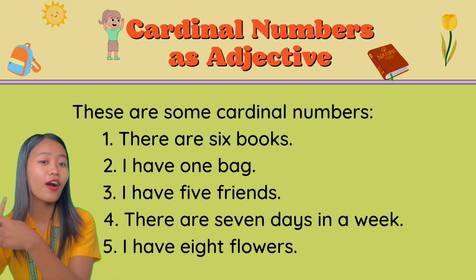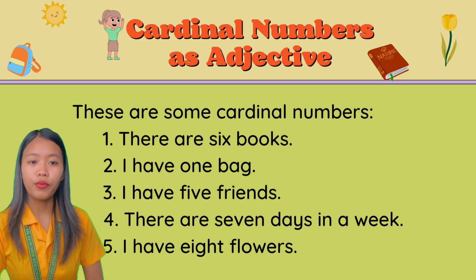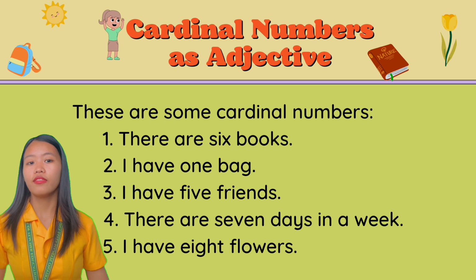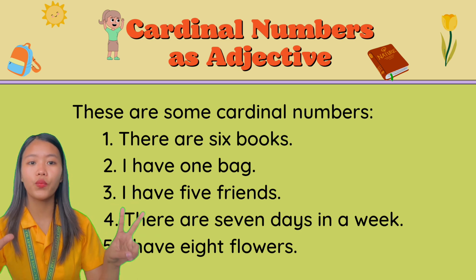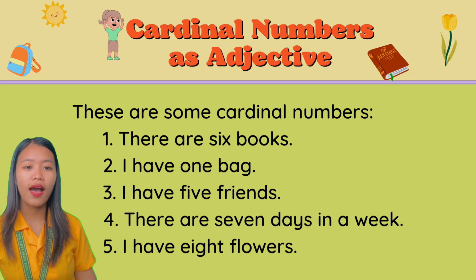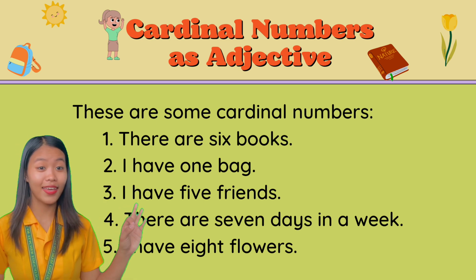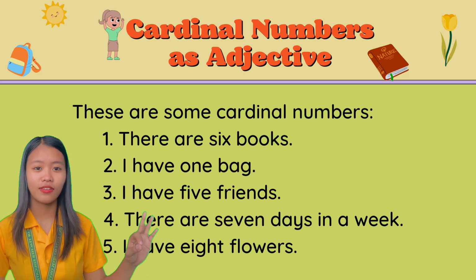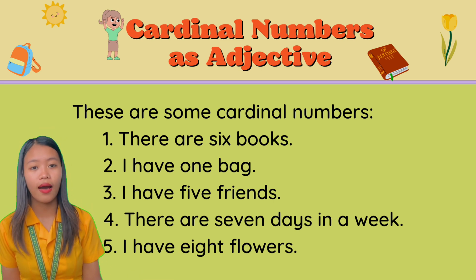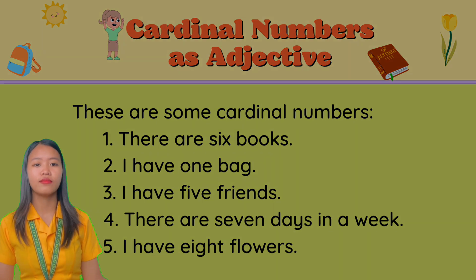Number 4, there are 7 days in a week. And the last one is, I have 8 flowers. And let's now move on to how we are going to spell out the cardinal numbers.